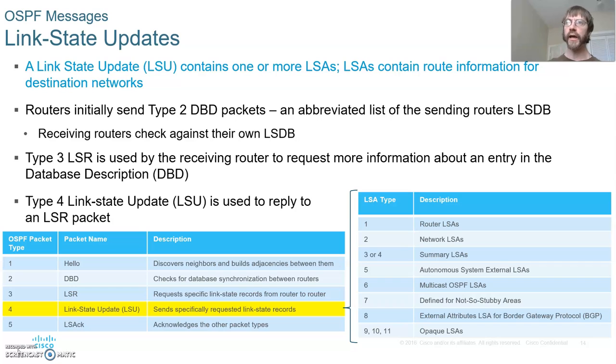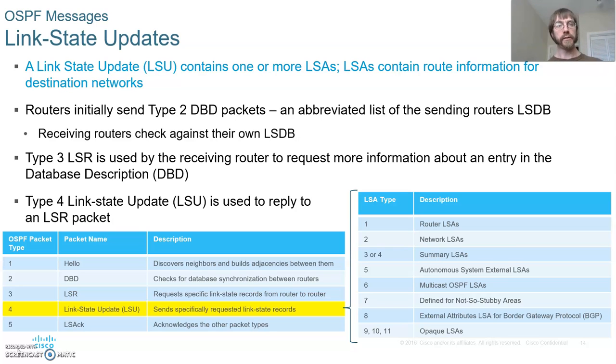If the answer is yes, the type 3 LSR, the link state request, goes out from the router which just received new interesting information to the router which advertised it. The router which initially sent the DBD now builds a link state update containing these LSAs, link state advertisements. And of course, our type 5 acknowledges the other packet types.